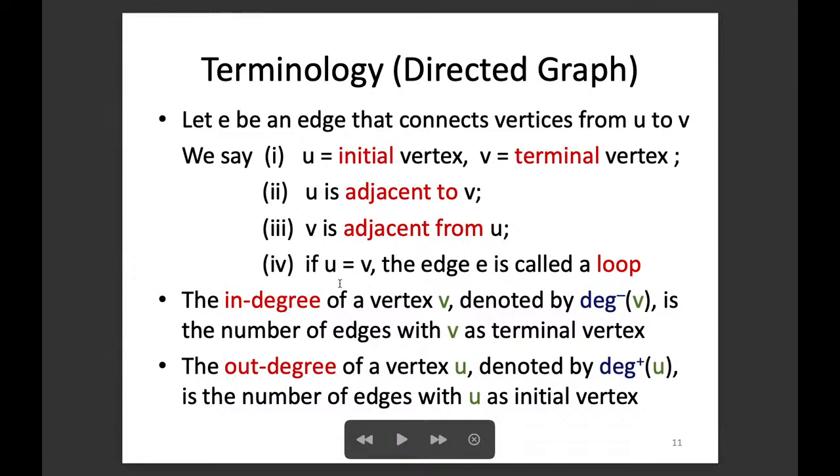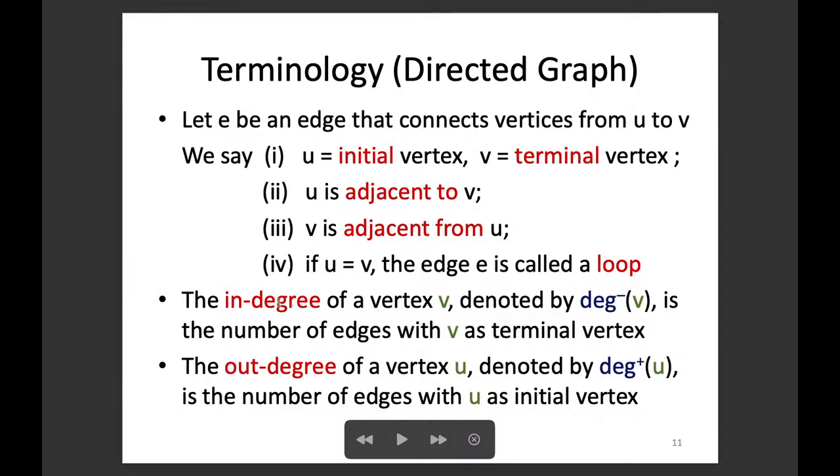And then again, if U and V are the same vertex, it means the edge is a directed edge that connects a vertex back to itself, and then it is also called a loop. Now for the directed case, we specify the degree more precisely.